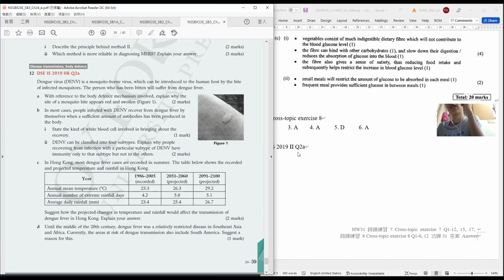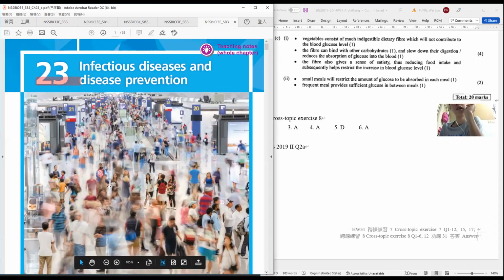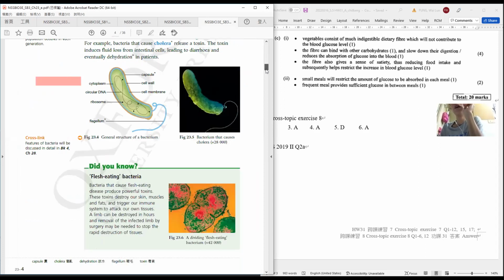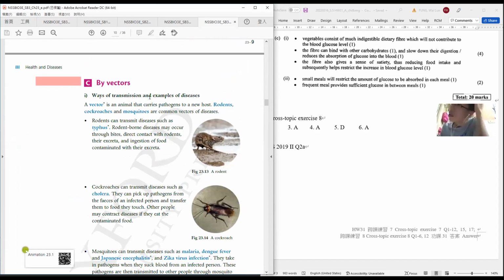So, dengue virus. Romana, did you hear of dengue fever? What is dengue fever? For example, you may have heard of this.